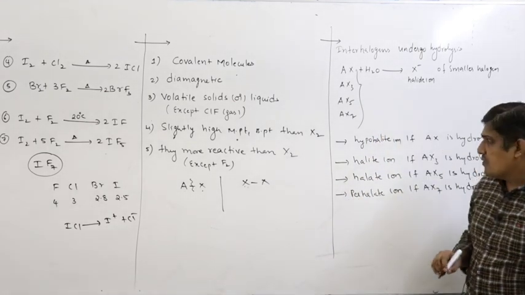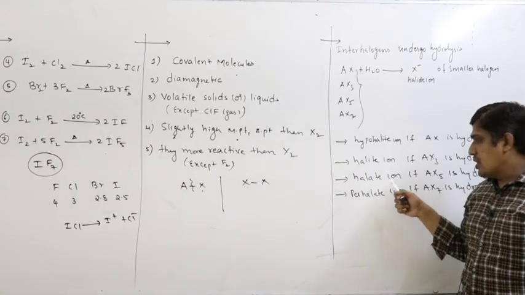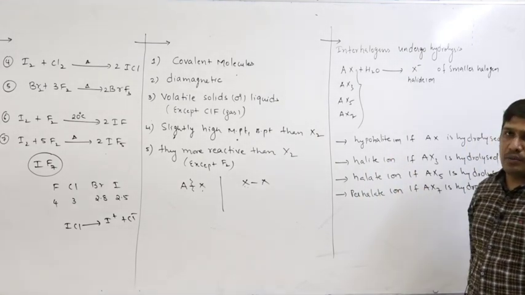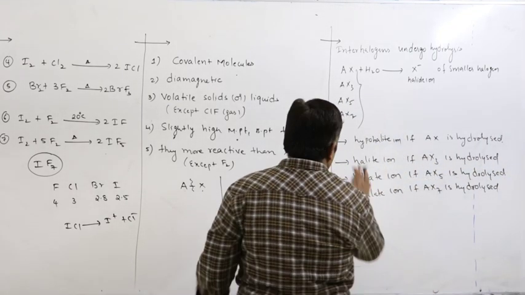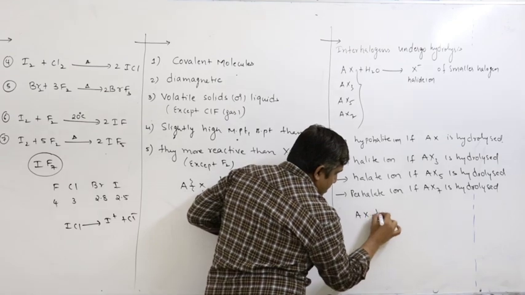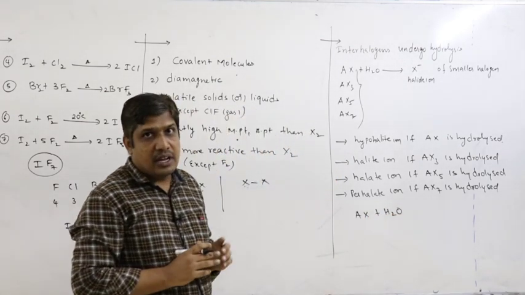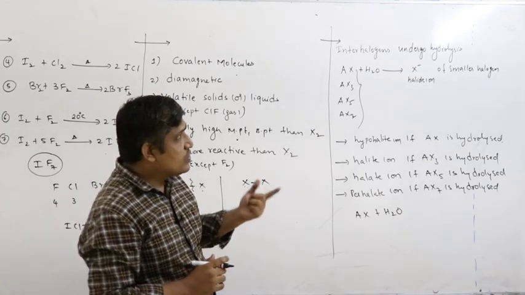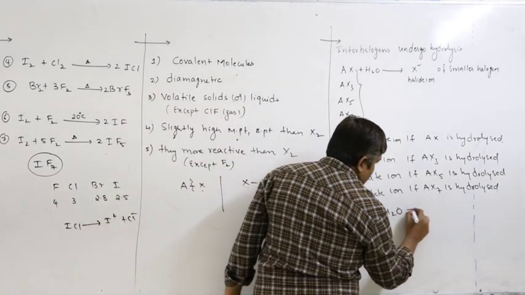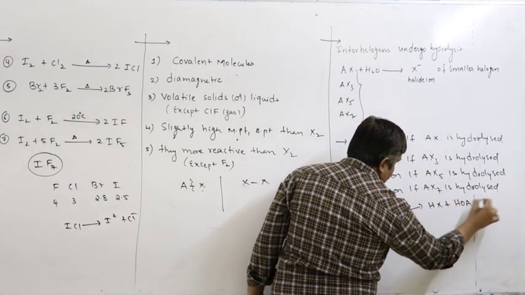Already we have studied the meaning of hypohalate formula, halate ion formula, perhalate ion formula. One example I would like to give: let us say AX upon hydrolysis. Now A is the larger halogen, X is the smaller halogen. So X forms what? Halide ion. So HX plus HOA.